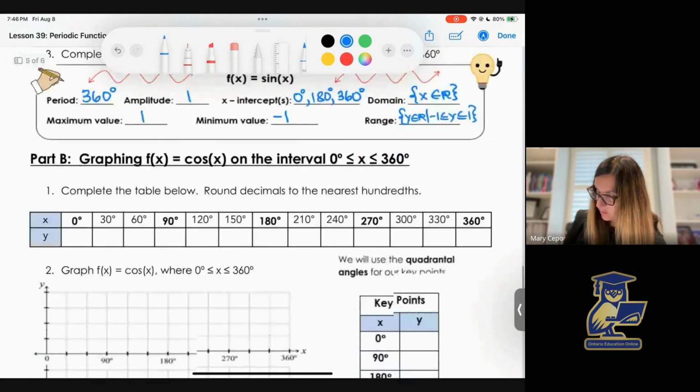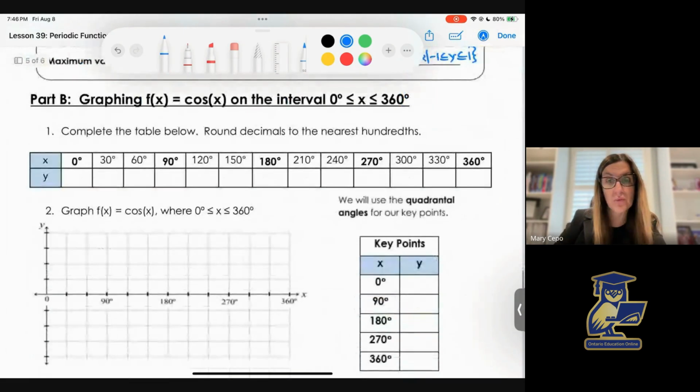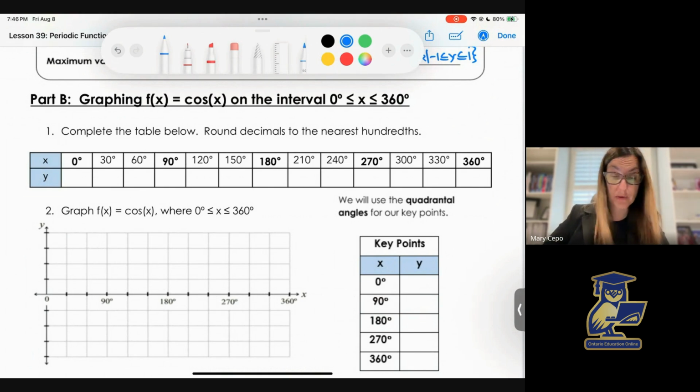Okay, let's see what the cosine function would look like when we graph it. Again, we're going to use those values, either putting them into our calculators or using our special triangles. At 0, we're at 1. 30 is a special triangle. So for cos 30, we know it's root 3 over 2, which is about 0.87 when we graph.